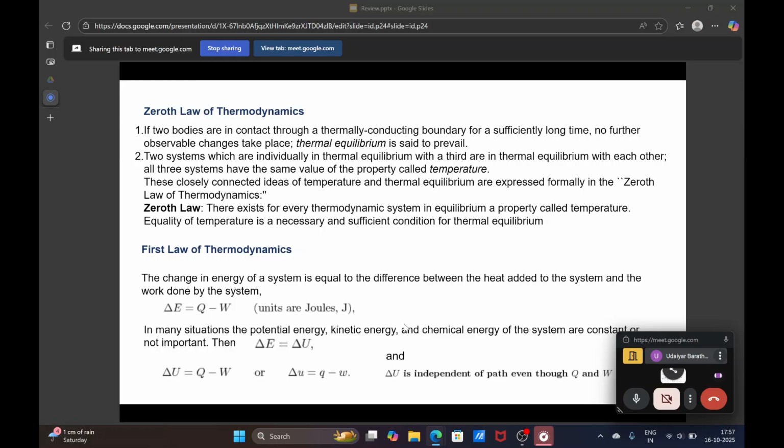And then we come to the laws of thermodynamics. The first is the zeroth law of thermodynamics. If two bodies are in contact and in thermal equilibrium, and two other bodies are in similar thermal equilibrium, then the first and third bodies will also be in thermal equilibrium. So it says the temperature.